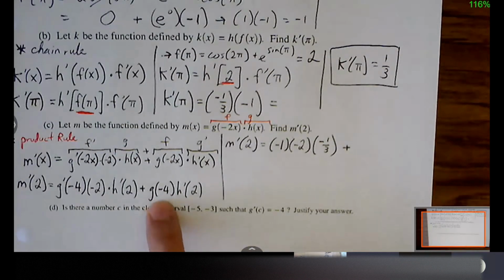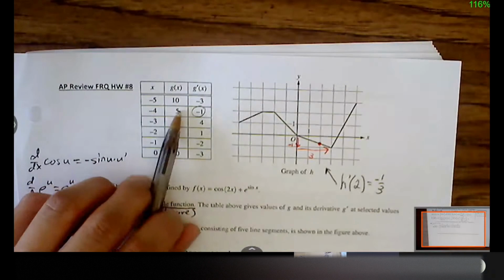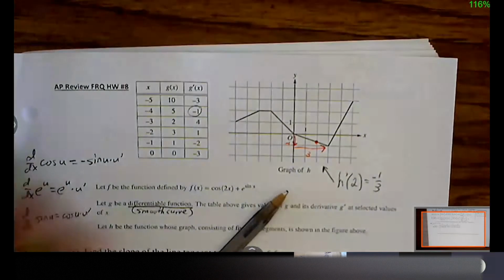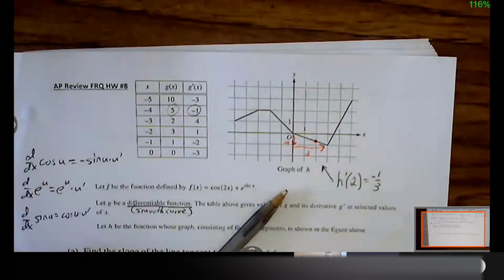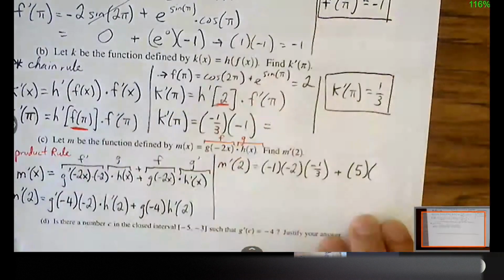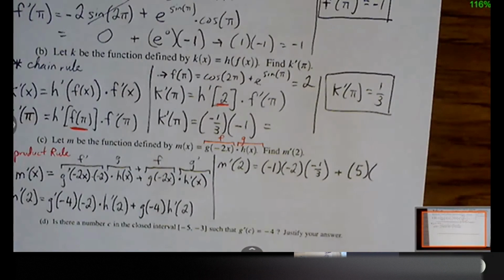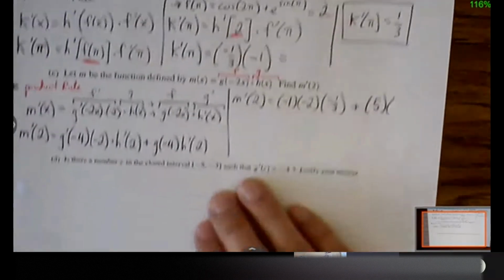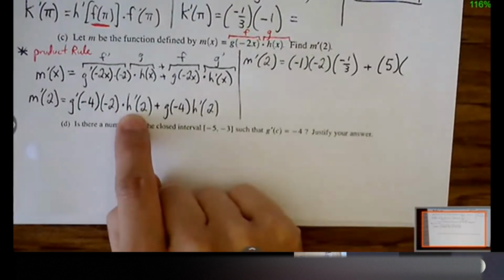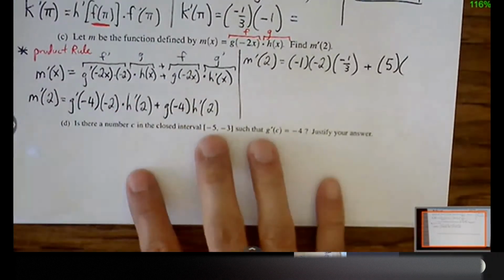G of negative 4, we go to our table here, g of negative 4, just 5. Oh, I messed up here, sorry. H of x, not h prime. My bad.